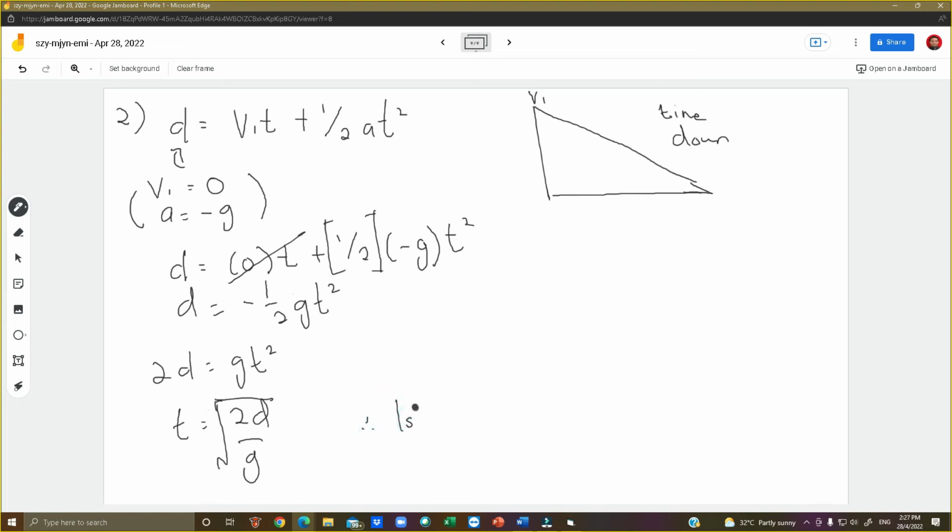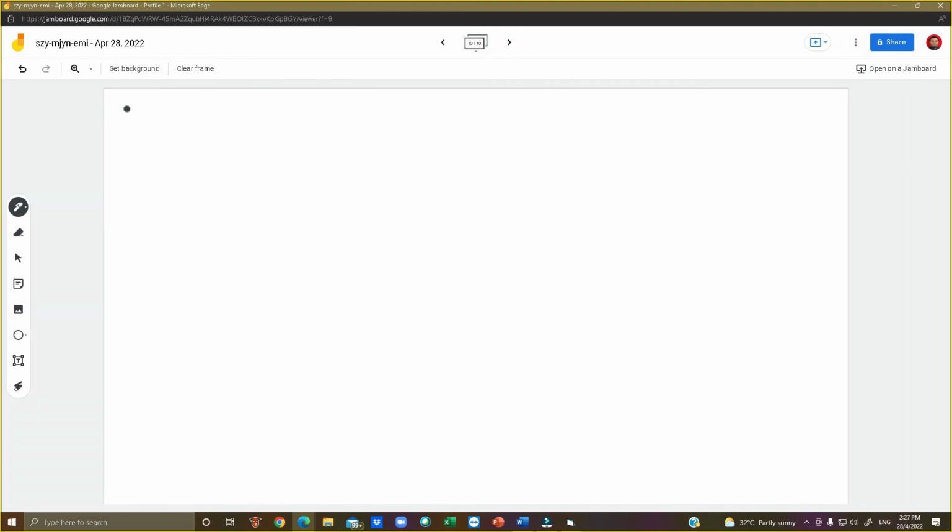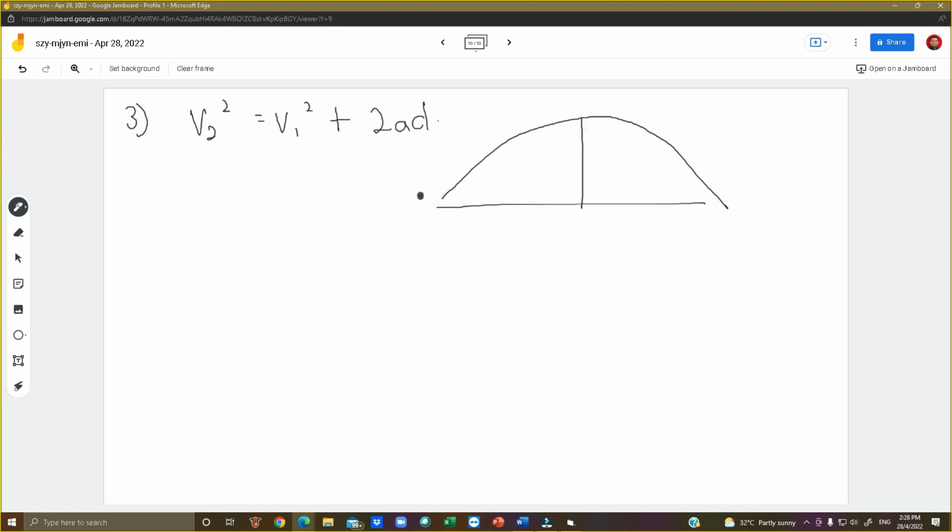Okay. And then we are going to move to the second part involving the third equation, V2 squared equals V1 squared plus 2AD. This one talks about the whole motion. So when it talks about everything, V1 will be here, V2 will be here. Automatically we know that V2 equals 0, V1 equals V sin theta, and A equals negative G. So we substitute this information first.